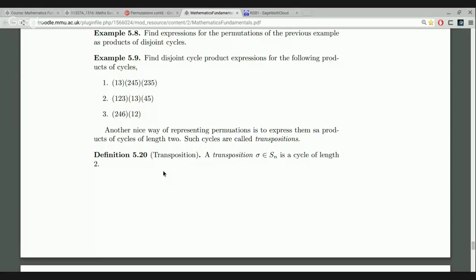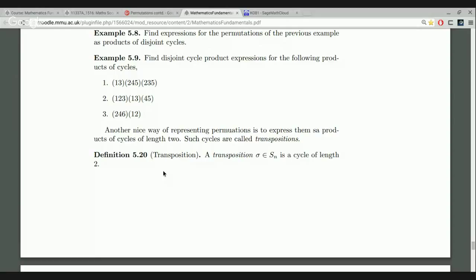So if I need to know sigma completely, I need to know what it does on these. But remember, the convention is that if a cycle does not mention a label, it leaves it fixed. So sigma of 9 is 9, sigma of 10 is 10, and sigma of 4 is 4. Those are referred to as trivial cycles, or cycles of length 1.